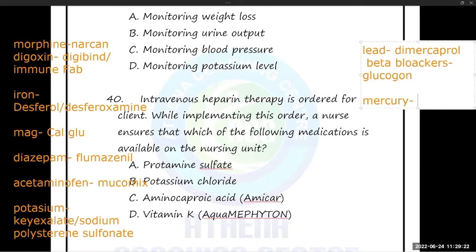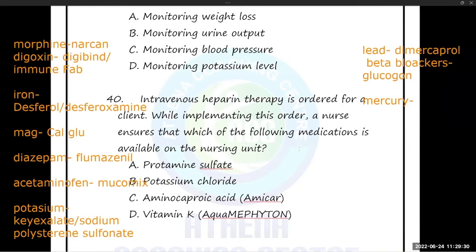Same, dimercaprol. What is the antidote of insulin? Glucose. Exactly. Opioids.